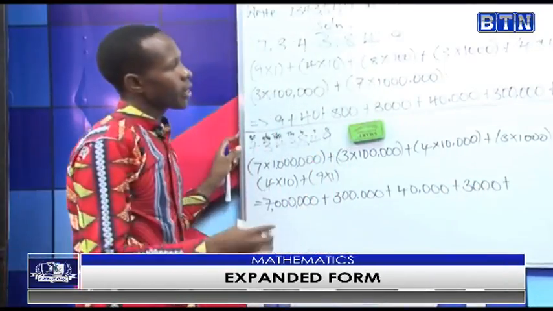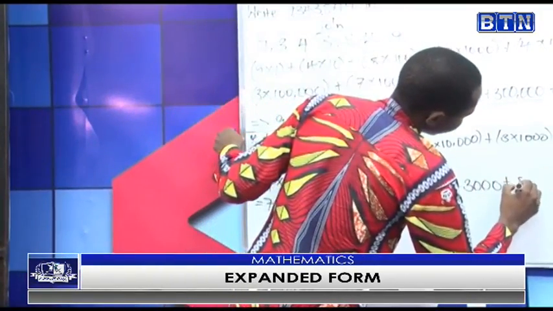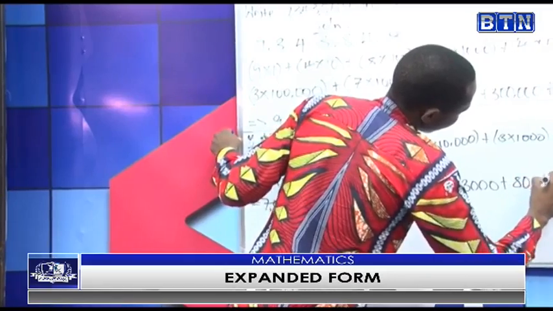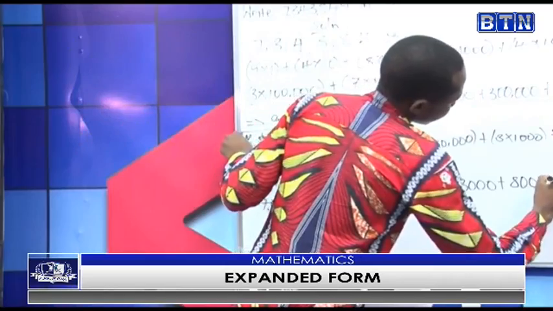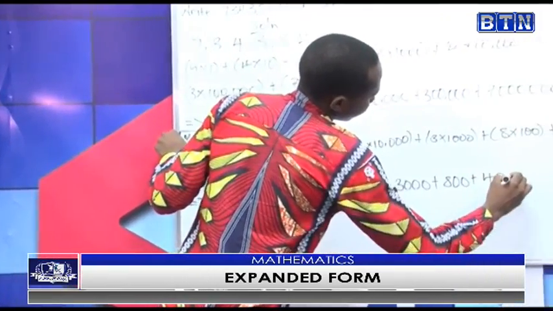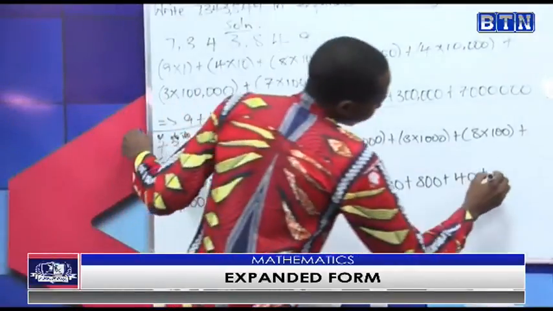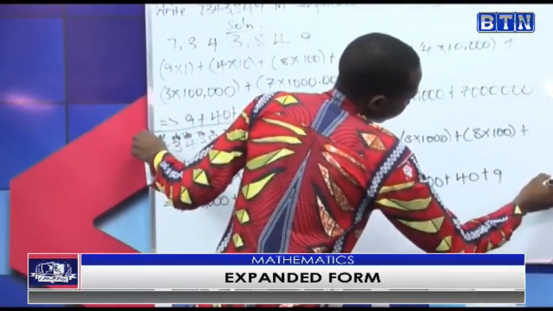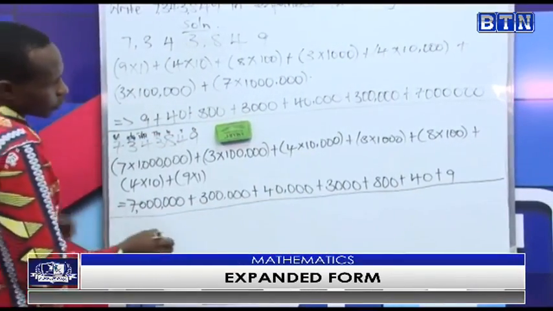So add 8 times 100, which will give us 800, plus we shall have 4 times 10, which will give us 40, plus 9 times 1, it will finally give us 9. Then from there, I'll have to underline my answer.